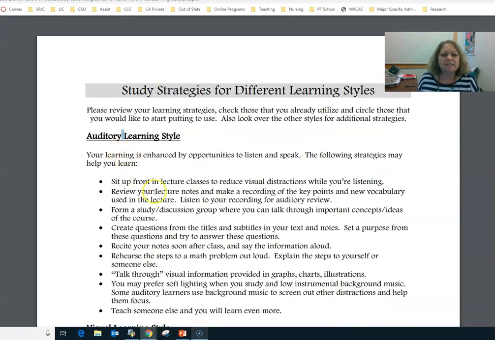It just gives you some ideas of what you could do for your particular learning style so that you are utilizing it and really taking into consideration various things that you could do to make learning a little bit easier and to use the style that you scored the highest in. And as I said, I want you to really look at each and every one of these, consider things that you have done, as well as those that you'd like to start putting into place for yourself.